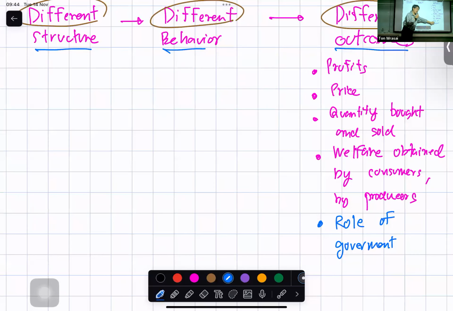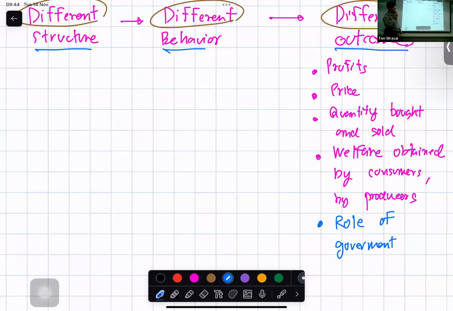Maybe government can step in to do something. When monopoly harms consumers, we will talk about price regulation by the government in order to reduce the problems that monopolies create to the consumers.